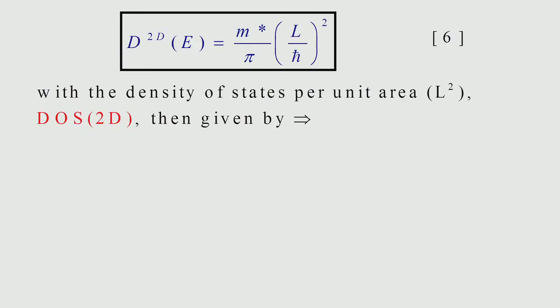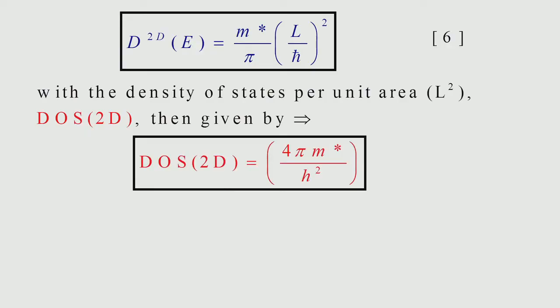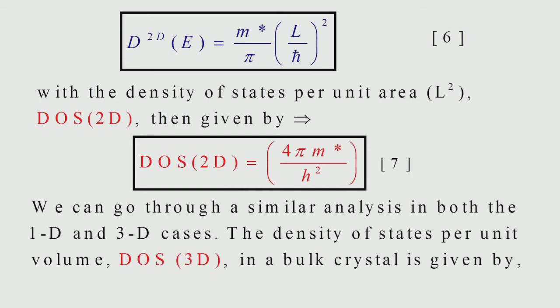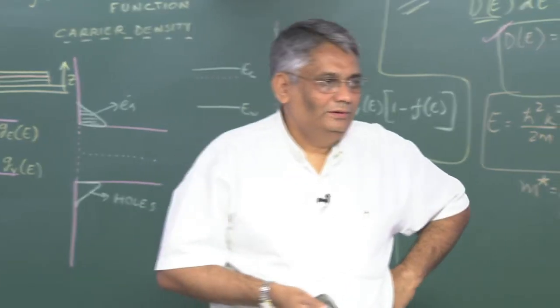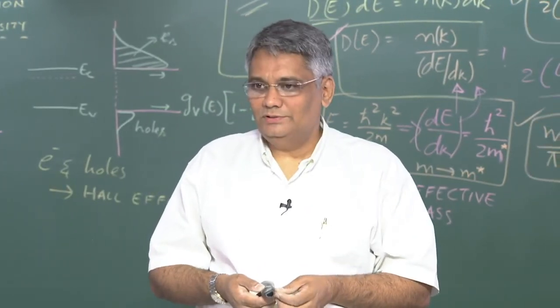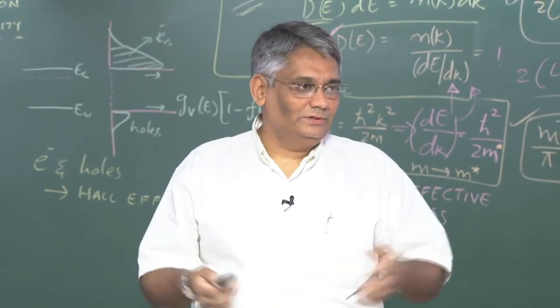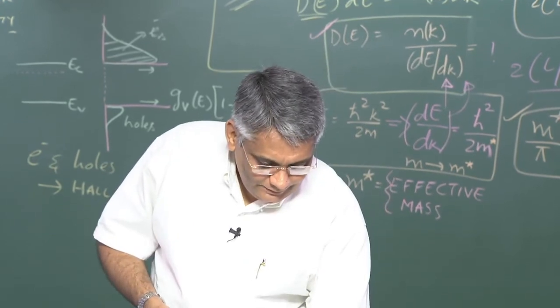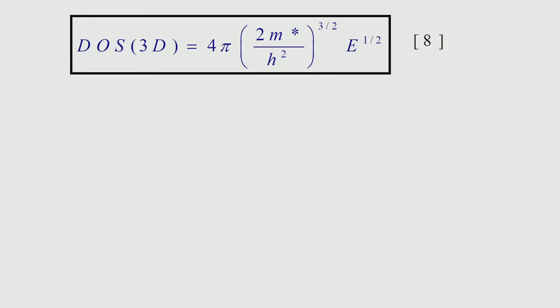You can just write it in this form also, 4 pi m star by h square. We can go through in a similar manner and get the corresponding equations for the one-dimensional and zero-dimensional cases. We have seen this first.